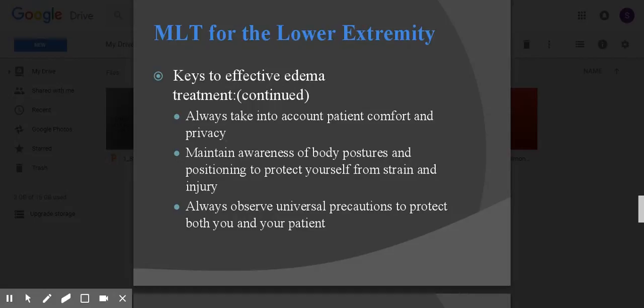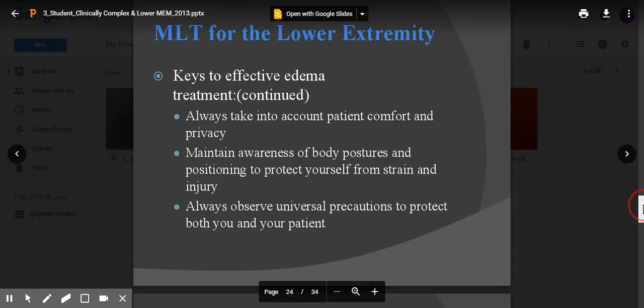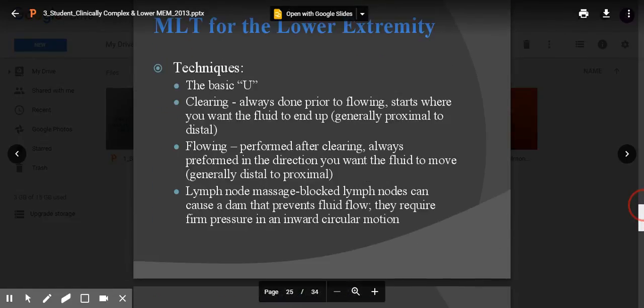The other likelihood is these patients have swelling, so their limbs are very heavy, their bodies do not move the best, and so there's a tendency to put yourself in an area of stress and potential for injury by attempting to treat them. And then certainly always observe universal precautions to protect both you and your patient from risk of infection.